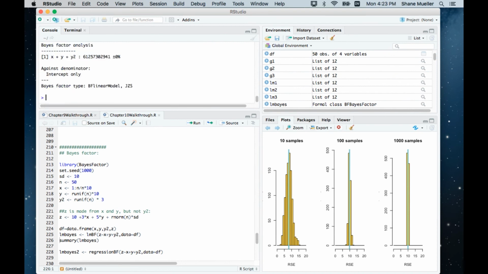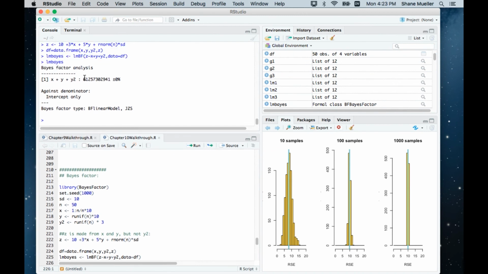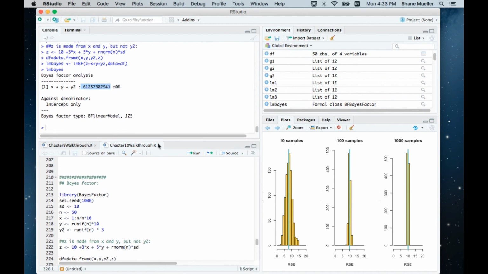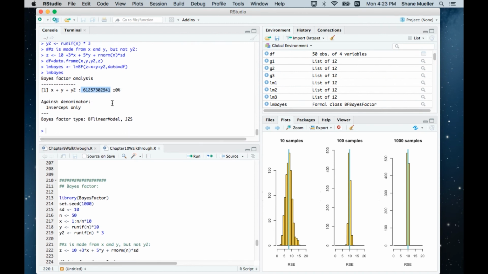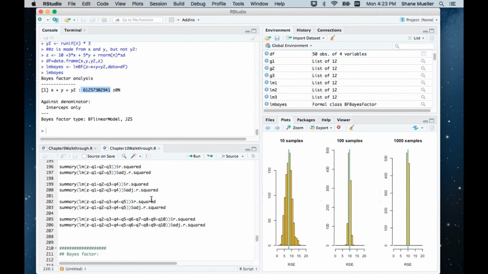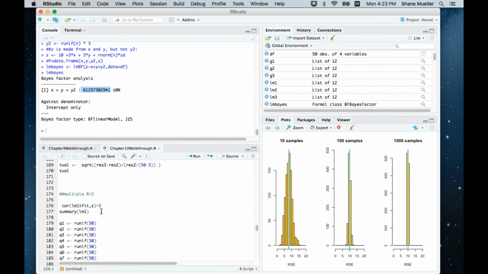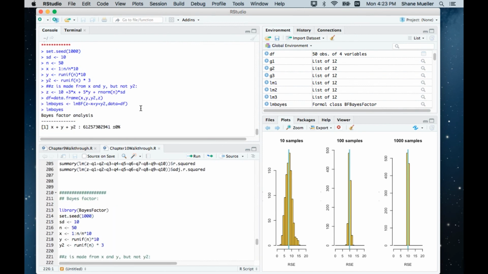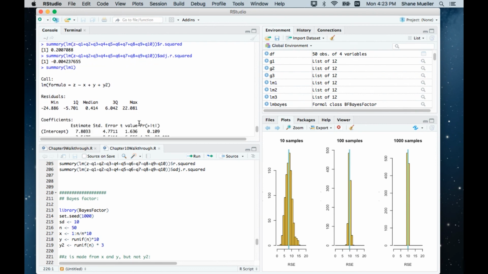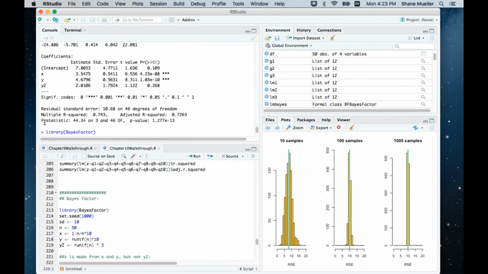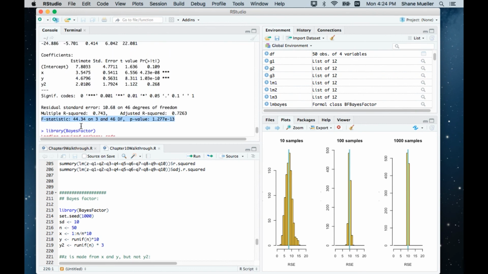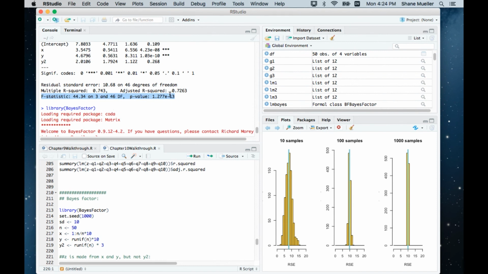there is no summary function for this. It gives me a sort of overall Bayes factor test. This Bayes factor is not the same number, but it's essentially the same test as the F test of the overall model. So when I did this F test here, that's what the LMBF is going to compute, the equivalent of that.